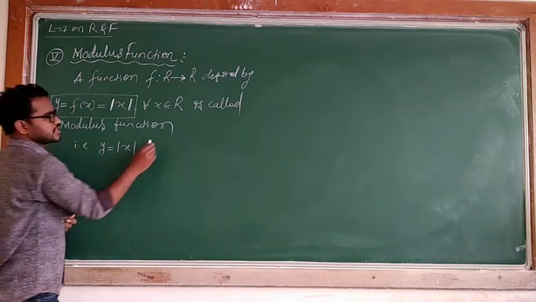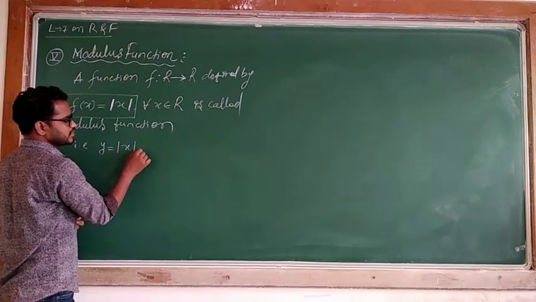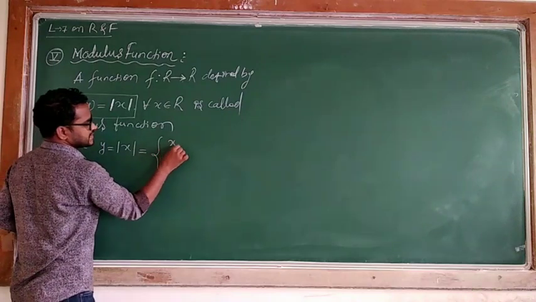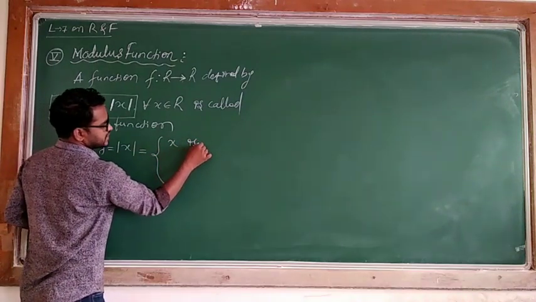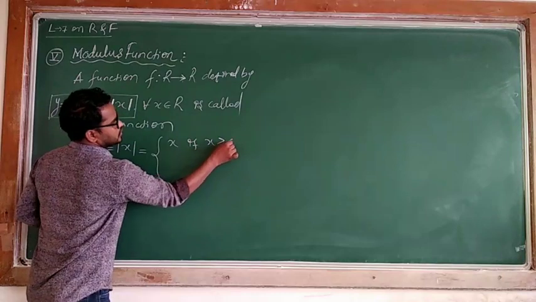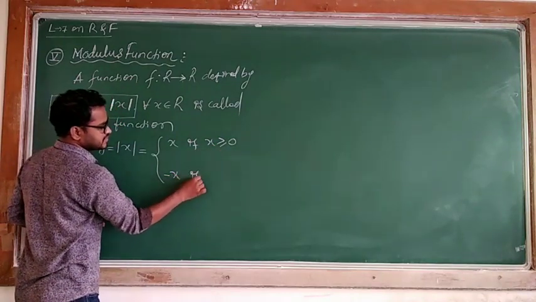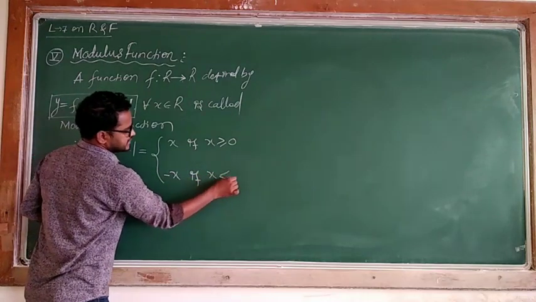What is the modulus of x? There are two possible ways I can write it. One, plus x, if x is greater than or equal to 0. Minus x, if x is less than 0.